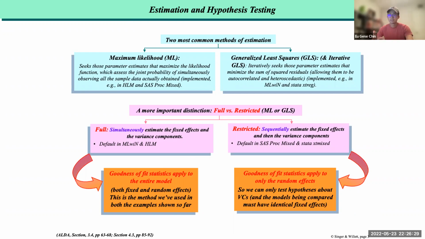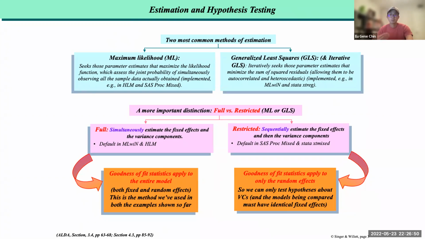Iterative GLS is basically, instead of just stopping after one round of estimation and refitting in that two-step approach, you're going to ask the computer to implement the approach repeatedly, each time using the previous set of estimated fixed effects to re-estimate the error covariance matrix.